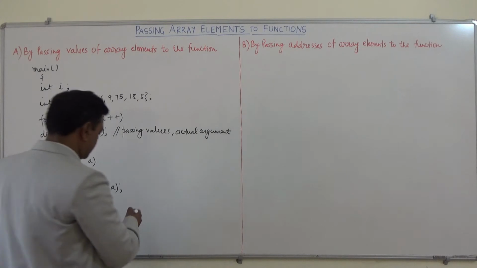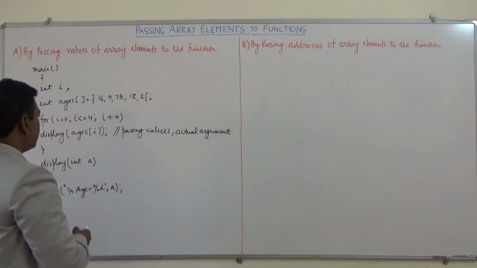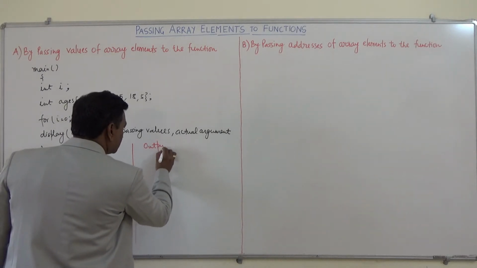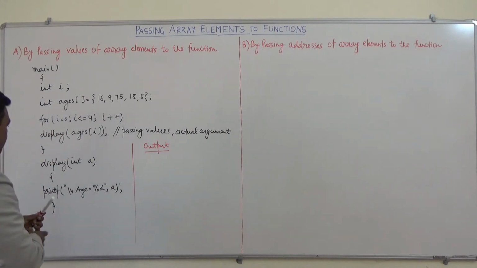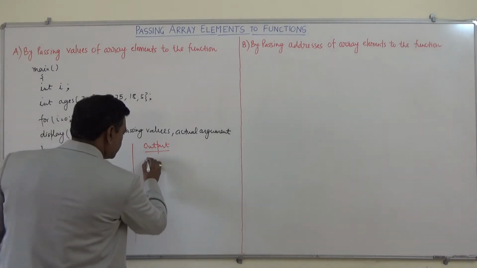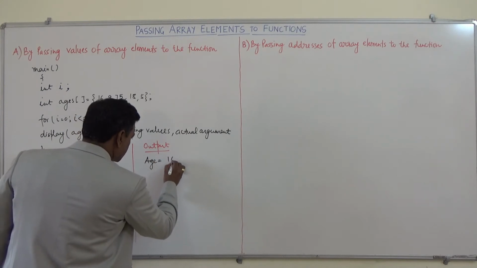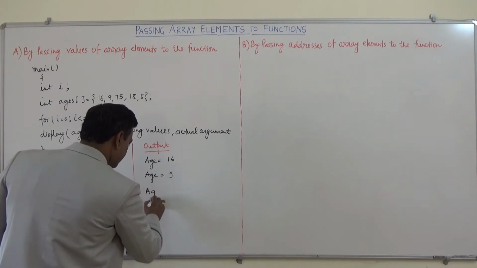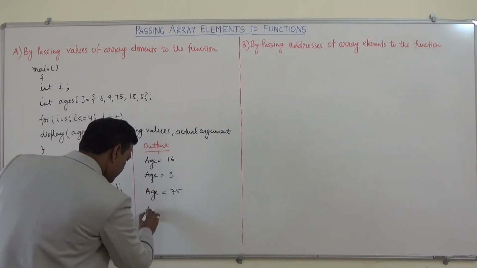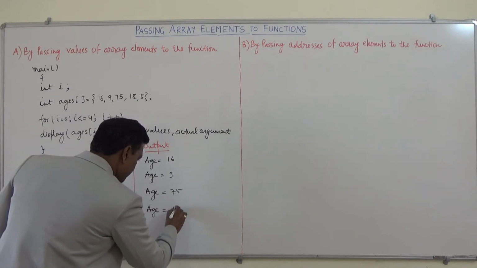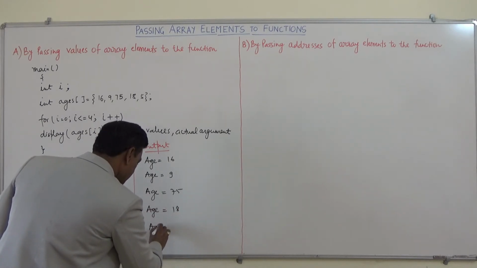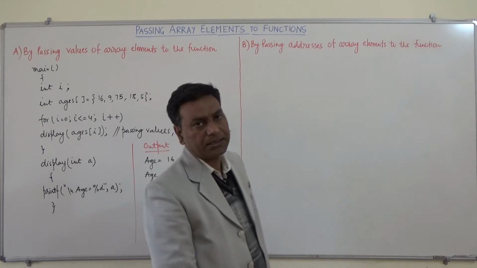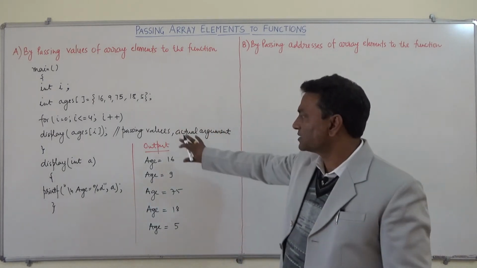So the output will be age equals to 16, age equals to 9, 75, 18, and 5. Here we are passing the values.